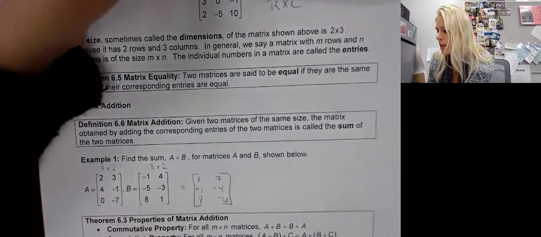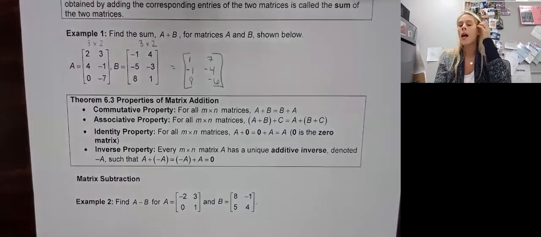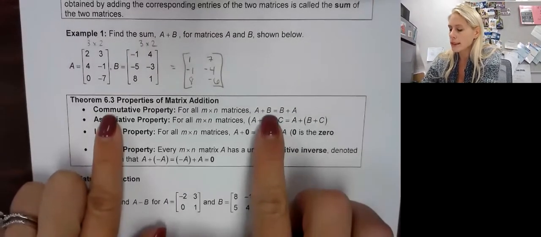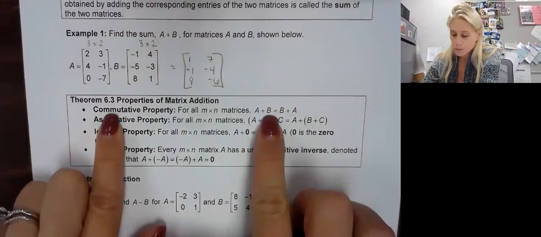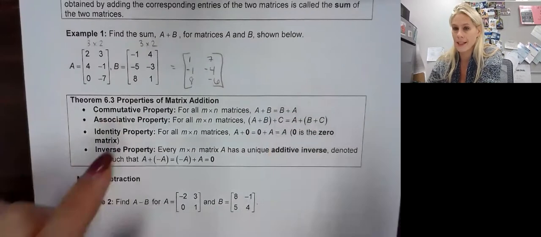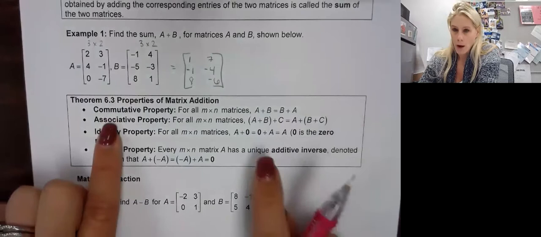So when it comes to addition, we have some properties that we can look at. First of all, matrices with addition are commutative. That means A plus B is the same as B plus A. It doesn't matter which order we do it in. The associative property.